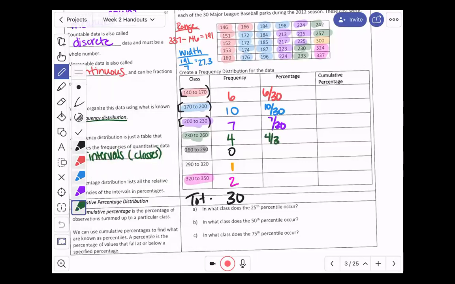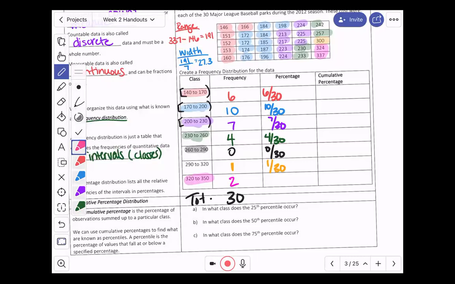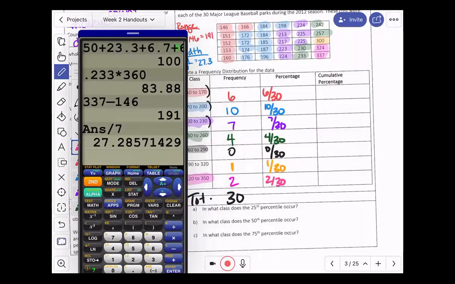4 divided by 30, 0 divided by 30, 1 divided by 30, and 2 divided by 30. And now I'm going to calculate those as percentages.